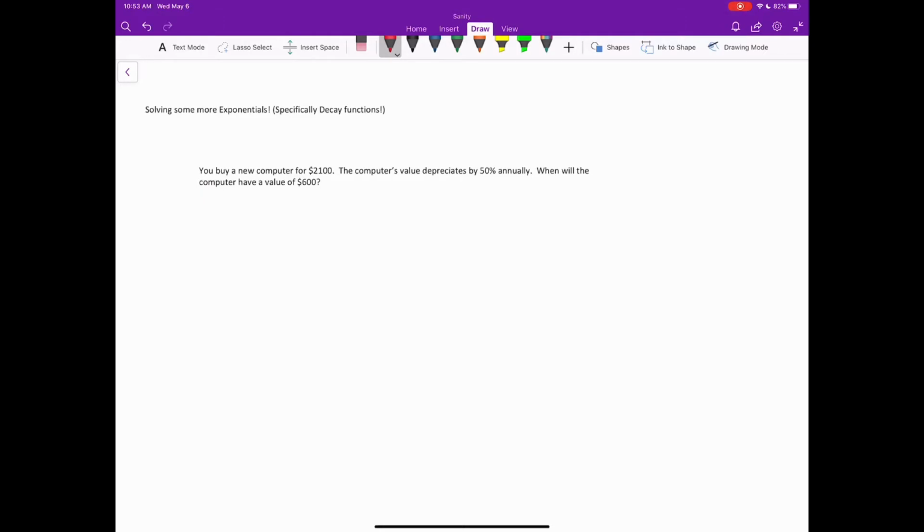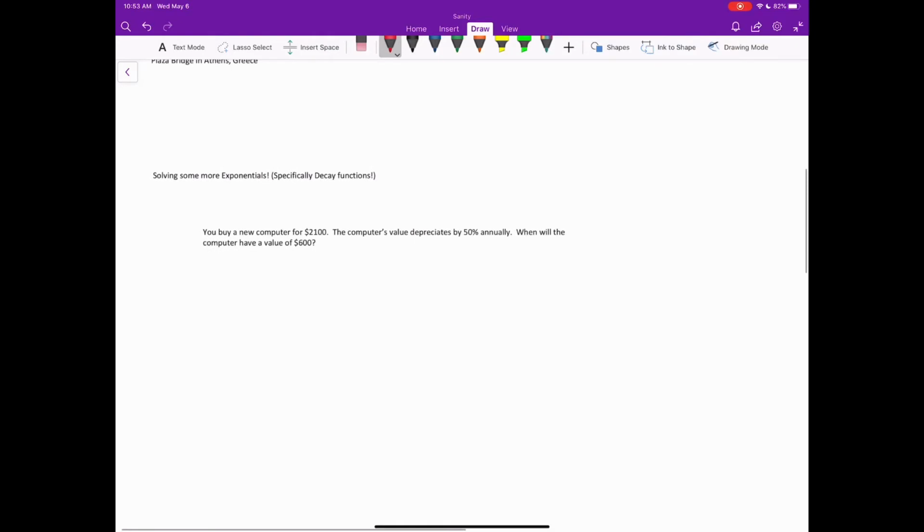Before we get started, I want to remind you of the form that we're going to be using when we solve exponentials. A equals the amount after a certain amount of years. P is the principal or the initial value, whatever we're starting with.